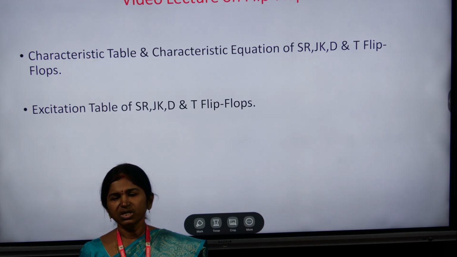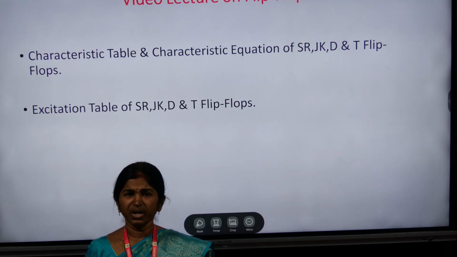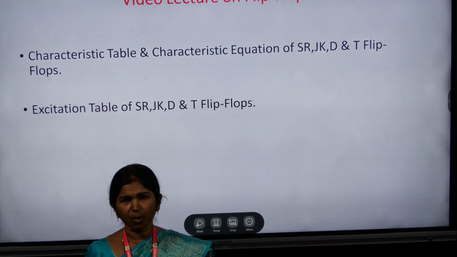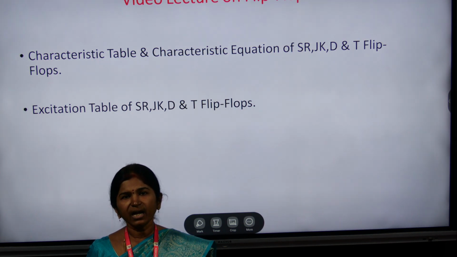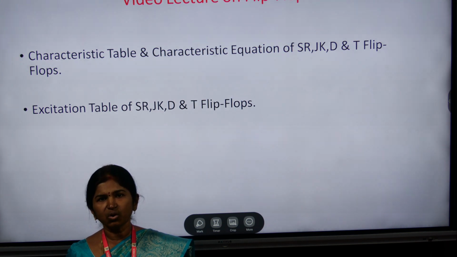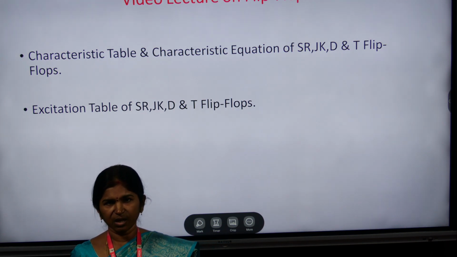It gives us details about the many operations done in the flip-flops, such as setting, resetting and toggling of the flip-flops based on the flip-flop inputs. So the characteristic table is completed.